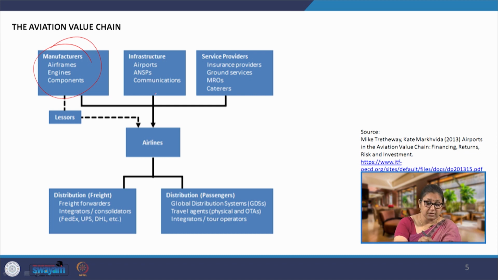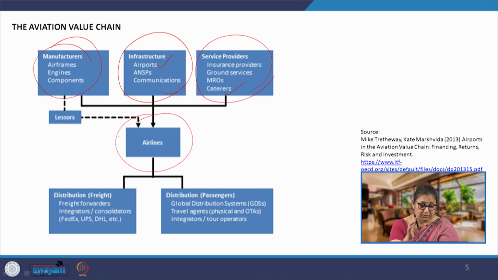Then we have a very strong component of infrastructure, which is where the airports come in, the communications, the handling, everything is part of the infrastructure. And then we have service providers, where we are talking about the caterers, the services, the insurance, financial and all that. So, these are the three main groups that we are looking at, and they together serve the airlines.